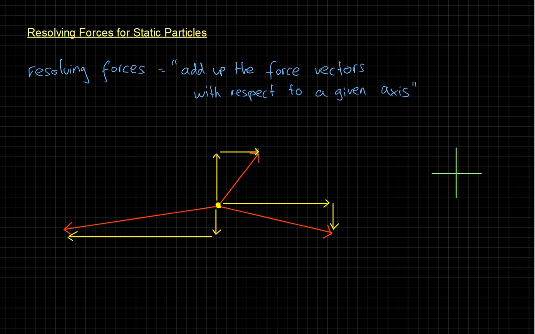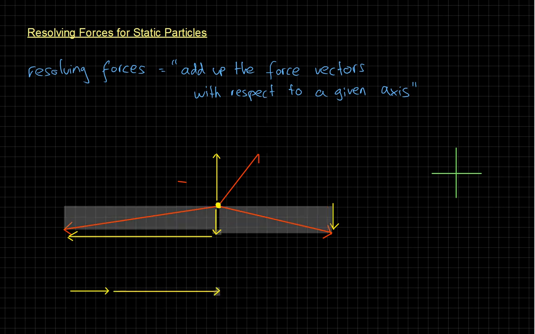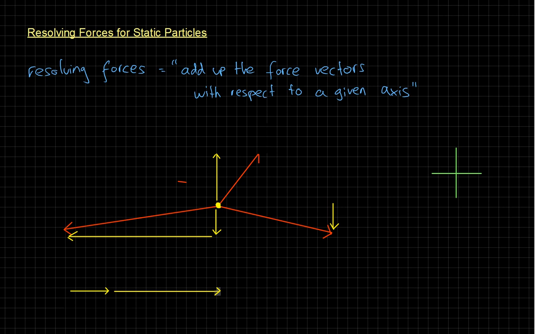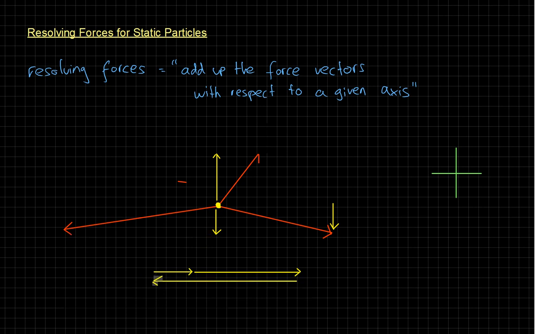So if I resolve horizontally, I'm taking all my horizontal vectors. Look, the ones that are going to the right, compare that to the ones going left. Same length, right? It makes sense. So let's write it formally.